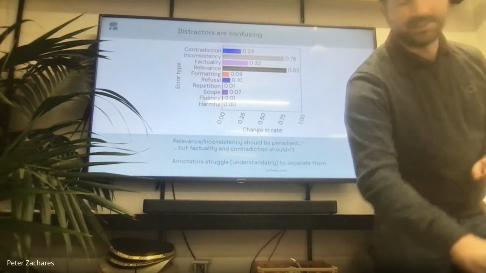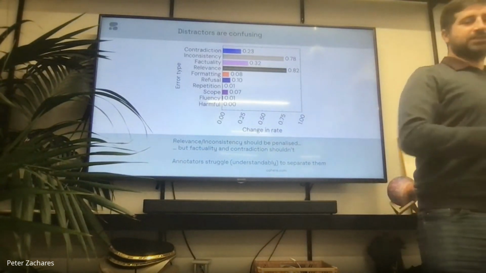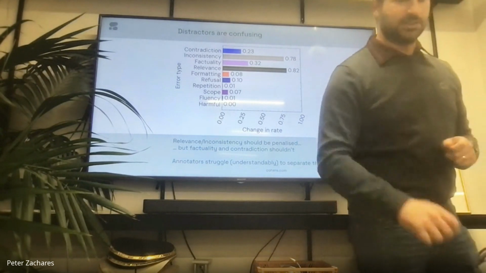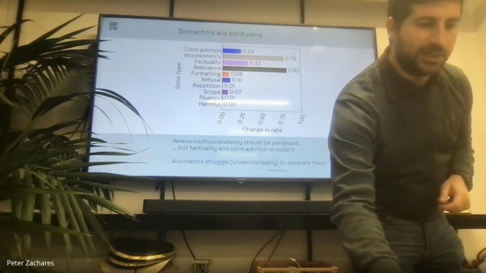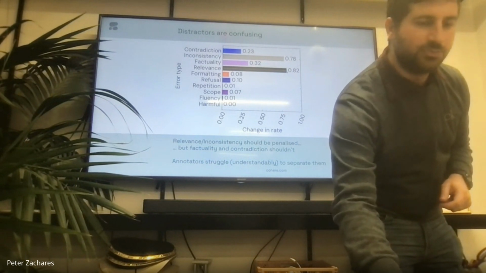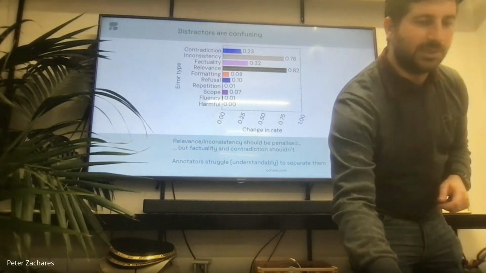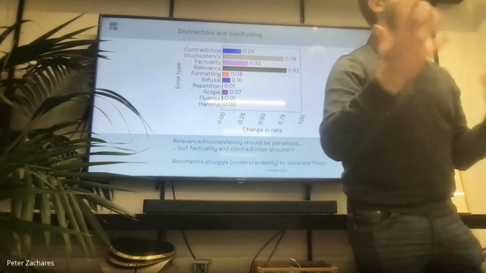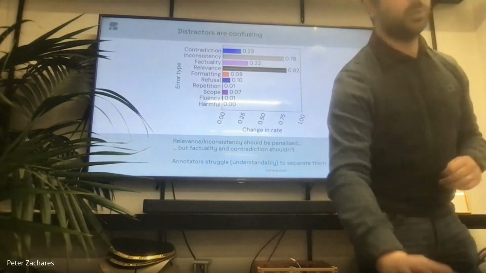And yeah, this is a graph. This basically shows that the distractors we inserted were indeed confusing, and where inconsistency and relevance should be penalized, they are, and where contradiction and factuality shouldn't be penalized, they mostly aren't. Obviously, there's a bit of noise, but annotators are mostly behaving in the way we expect them to, which is good.